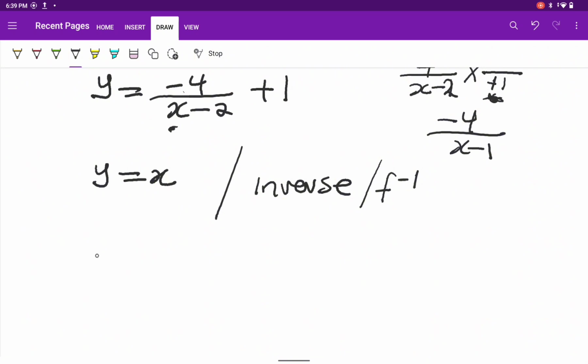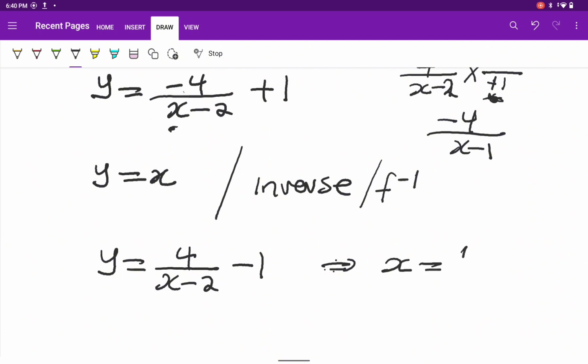Right, so we take the same equation that we have been dealing with. So it's y equals 4 over x minus 2 minus 1. The first step is to exchange x and y. As we exchange x and y, we will have x equals 4 over y minus 2 minus 1.